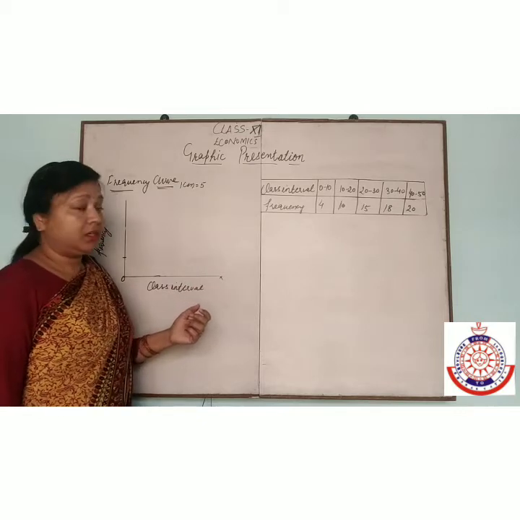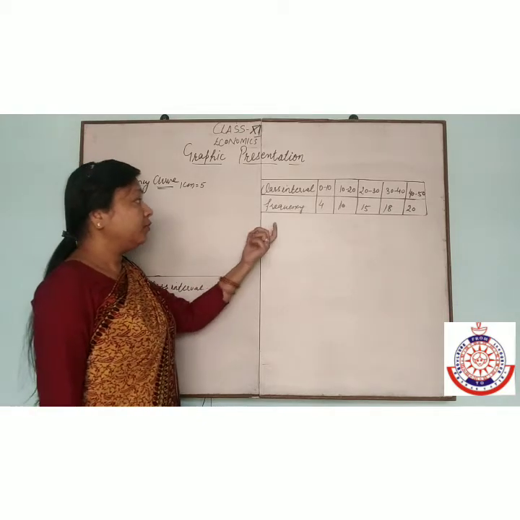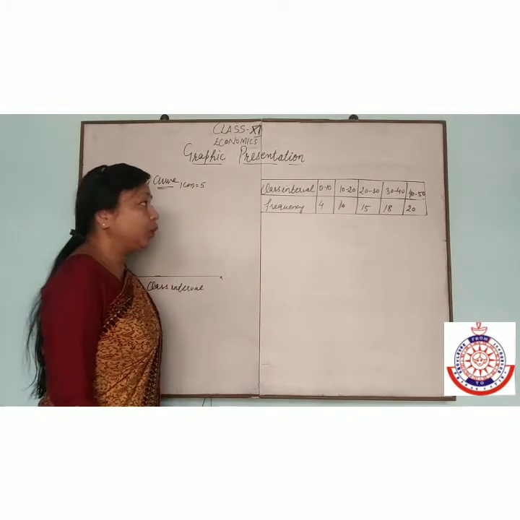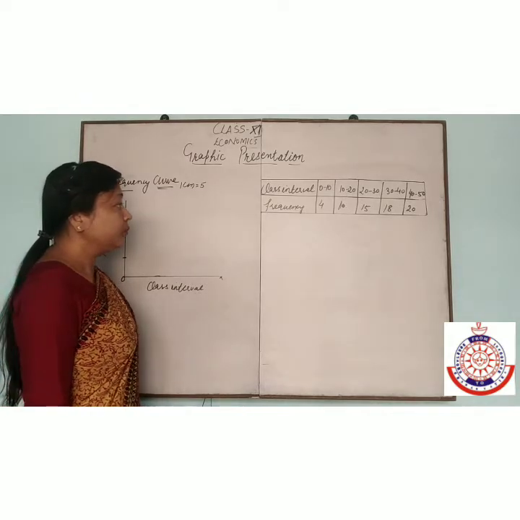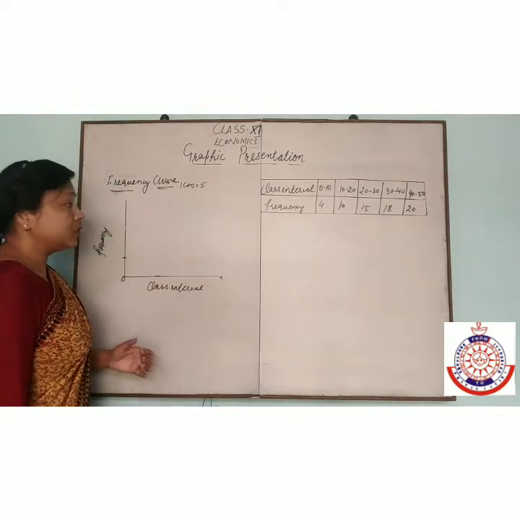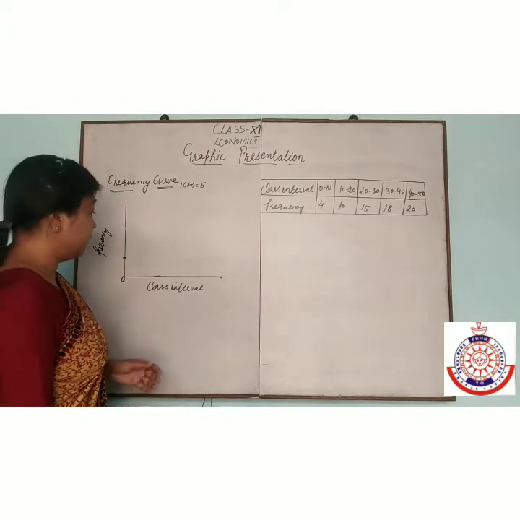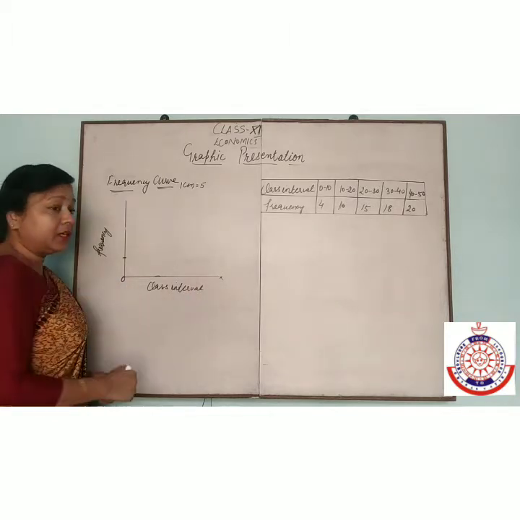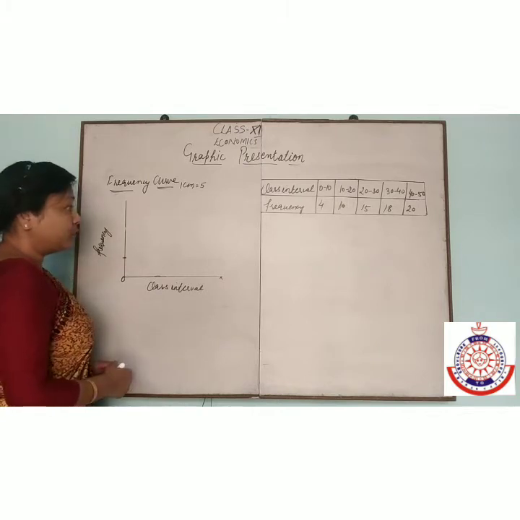Here we are taking one example in which class interval and frequency are given: 0 to 10, 10 to 20, 20 to 30, 30 to 40 and 40 to 50, and the frequencies are 4, 10, 15, 18 and 20. On the OX axis we will take the class interval and on the OY axis the frequency.